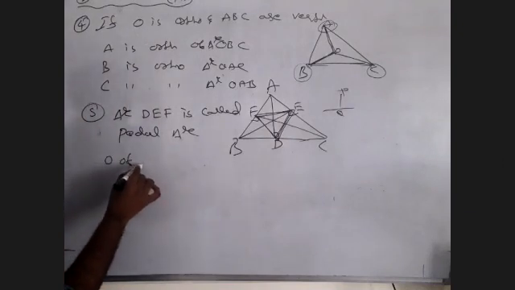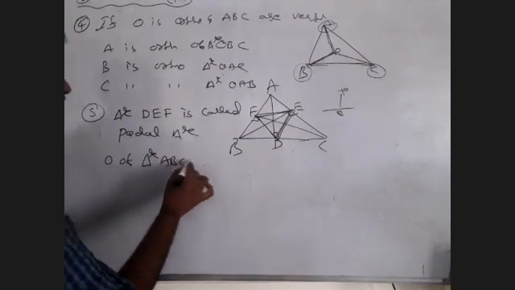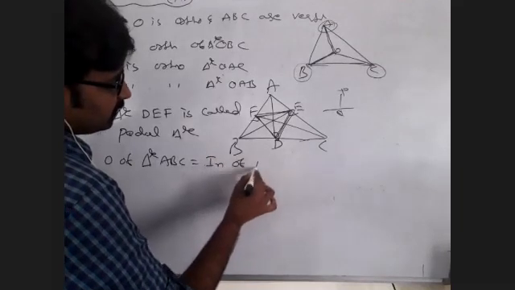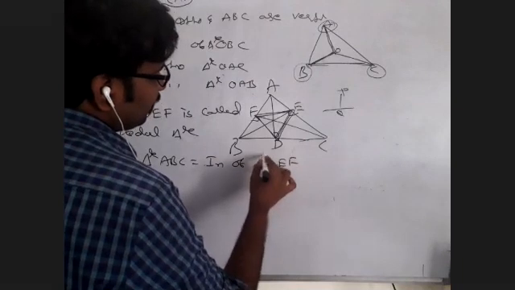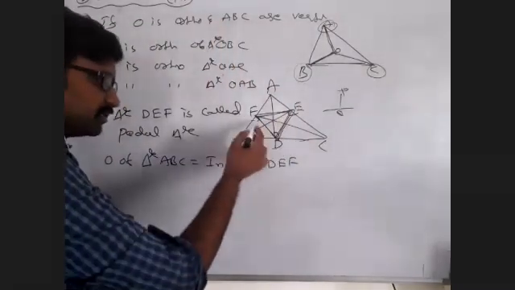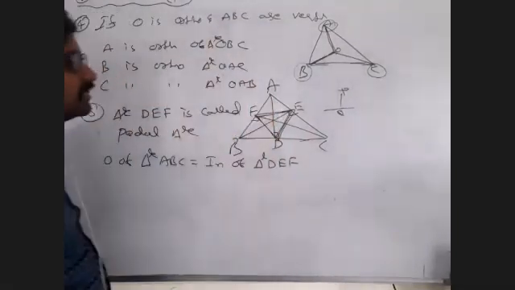Orthocenter of triangle ABC is equal to incenter of triangle DEF, the pedal triangle.